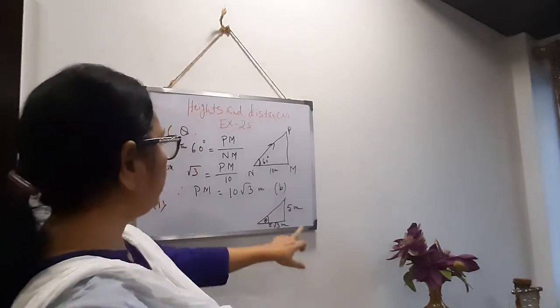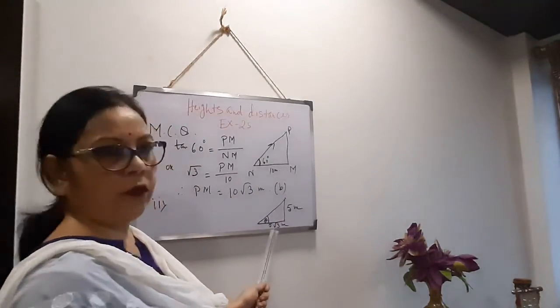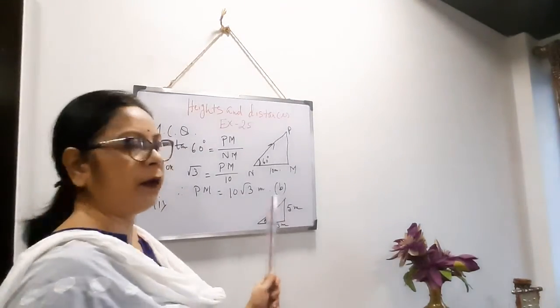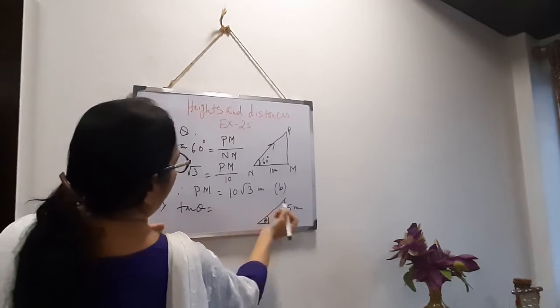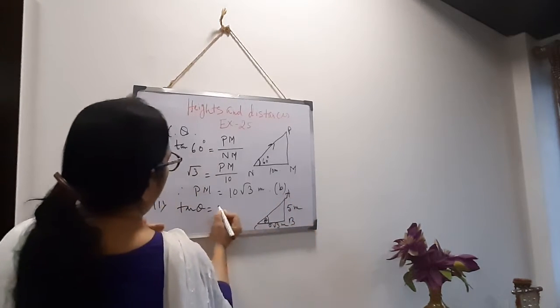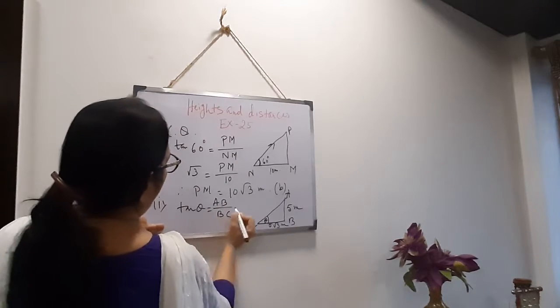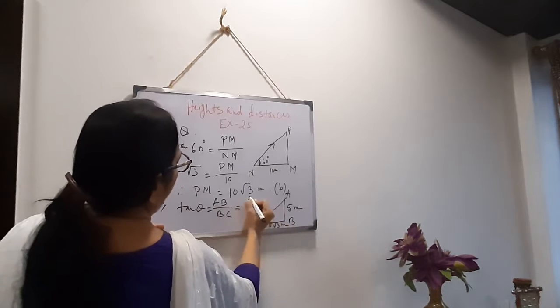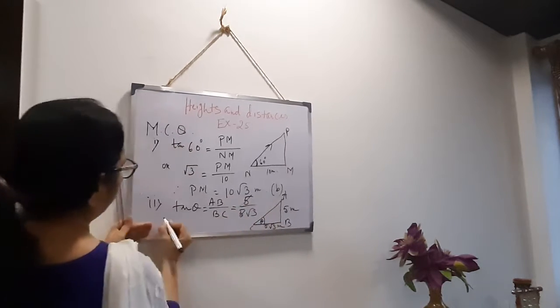So again what is given? Perpendicular given and base given. So we will apply tan again. From here what can we write? tan theta equals, here you can give the name A, B, C, perpendicular by base, or perpendicular is given 5 and base 5 root 3. 5 is cancelled out.